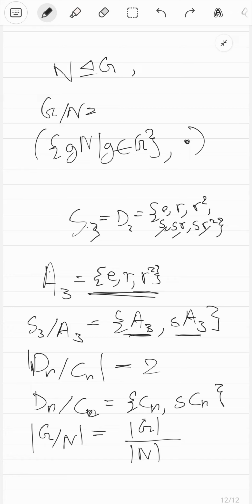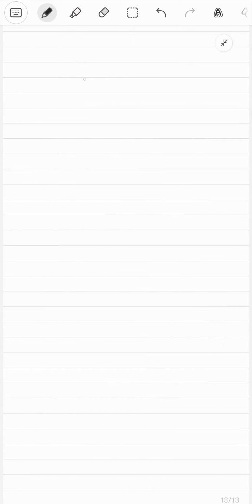But for finite groups, you don't even need to have this as a group for this to be true. If you just define this G by N thing, or more like G by H thing, for any subgroup H, you can define it as just the set of cosets.